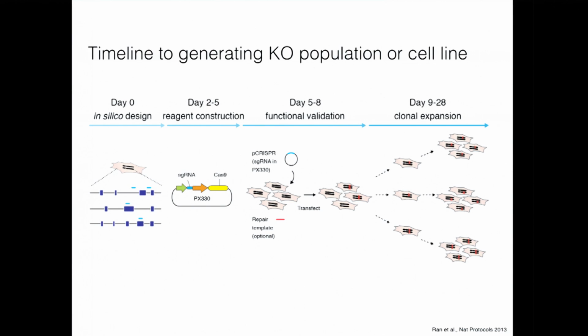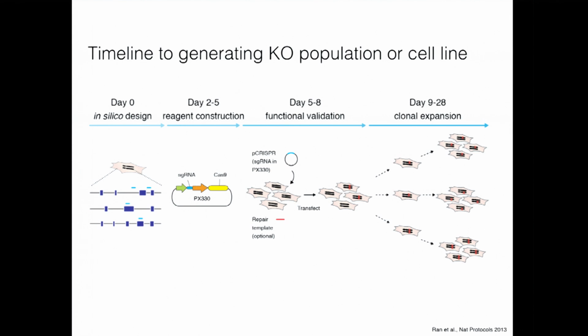So here's an experimental timeline of how we would normally do this. The first step is to use some of the computational tools that I discussed earlier to pick a collection of guides that we want to screen or test to pick the best one. Then we clone these guides into some kind of a vector, usually one that already has the guide RNA scaffold and Cas9.